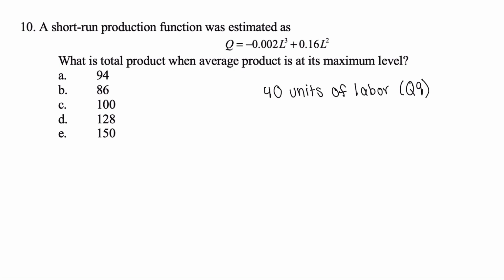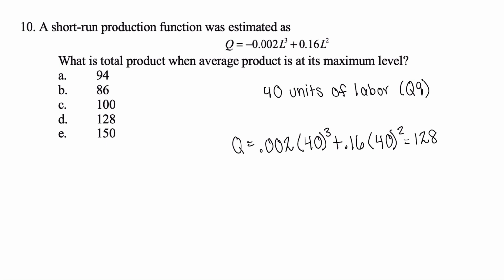And then we're going to substitute that 40 in for L. So we're going to have Q equals -0.002 times 40 to the third plus 0.16 times 40 squared. And when you type that into your calculator, you get 128.